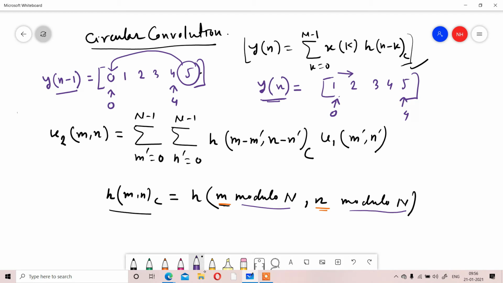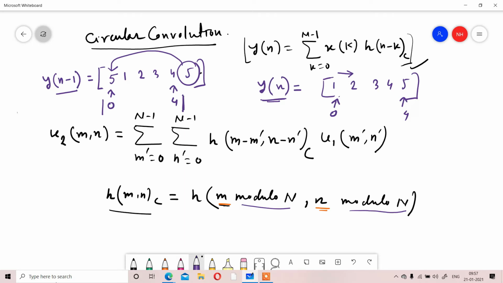After the y(n minus 1) shift, you get that expression in circular convolution, meaning your value always remains within the mod range 0 to 4.